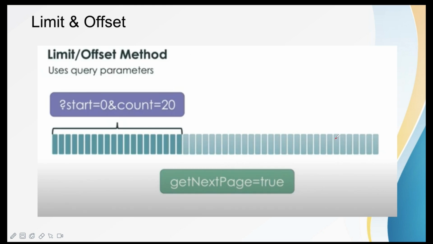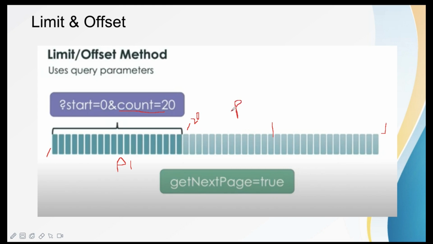So let's understand this in the next slide. Let's say you have this much data and you divide the whole data into pages of a maximum of 20. So we use count equal to 20, the start will be 0, and it ends at 20. This is page 1. Then the offset will be 20: the start point is now 20 and it ends at 40. This is page 2.